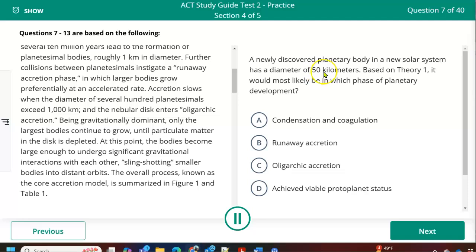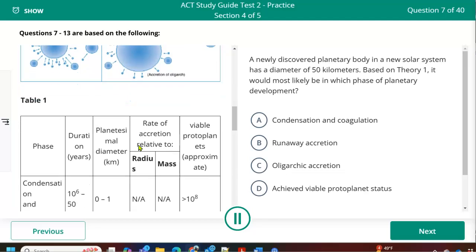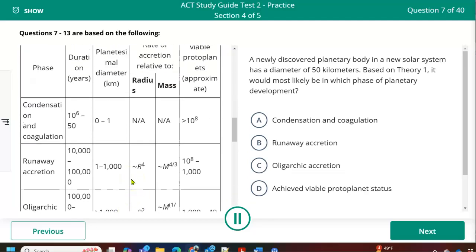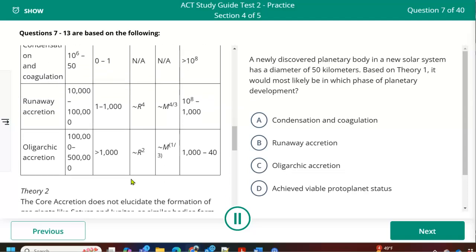A newly discovered planetary body in the solar system has a diameter of 50 kilometers. Okay, so what it's saying is, what are the 3 phases? Condensation. Okay, here we go. A diameter of 50 kilometers.